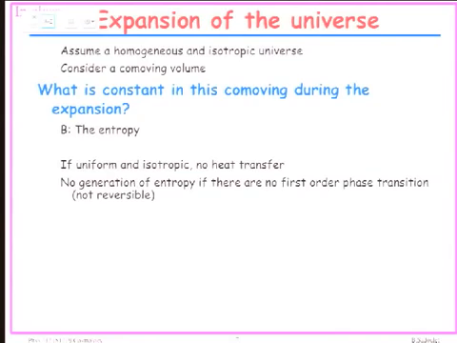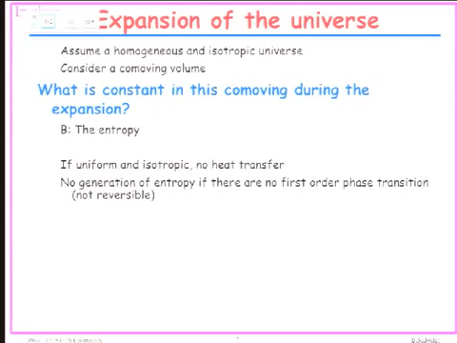Entropy: if the universe is uniform and isotropic, there is no net heat transfer. So the entropy doesn't change.